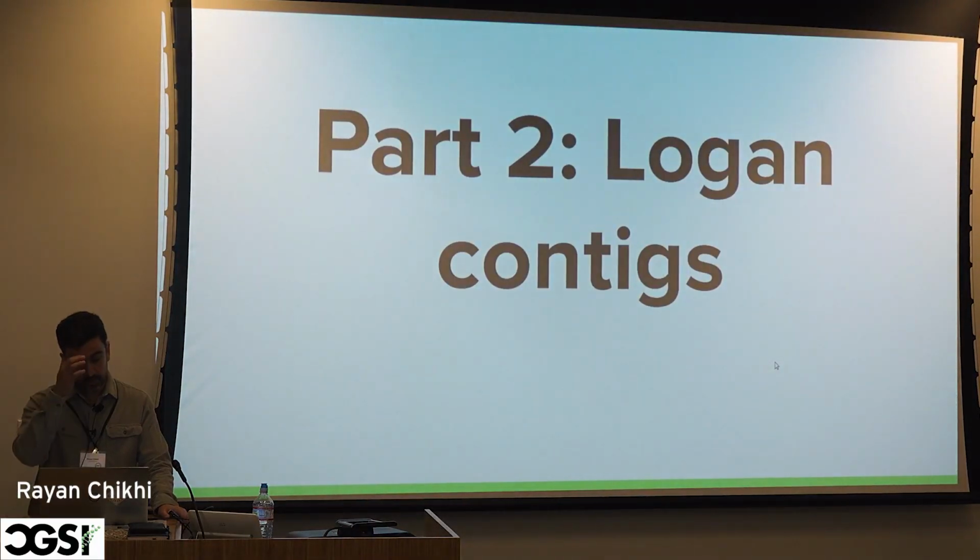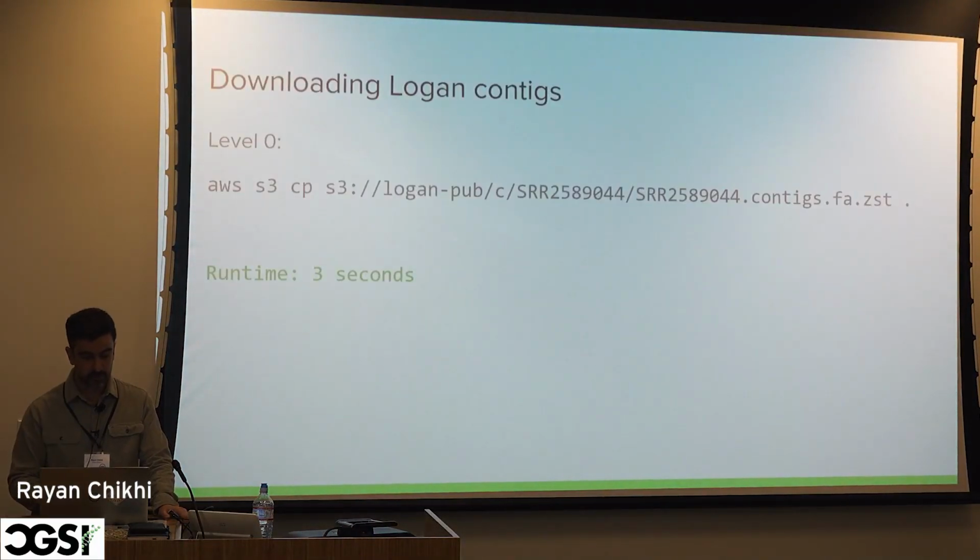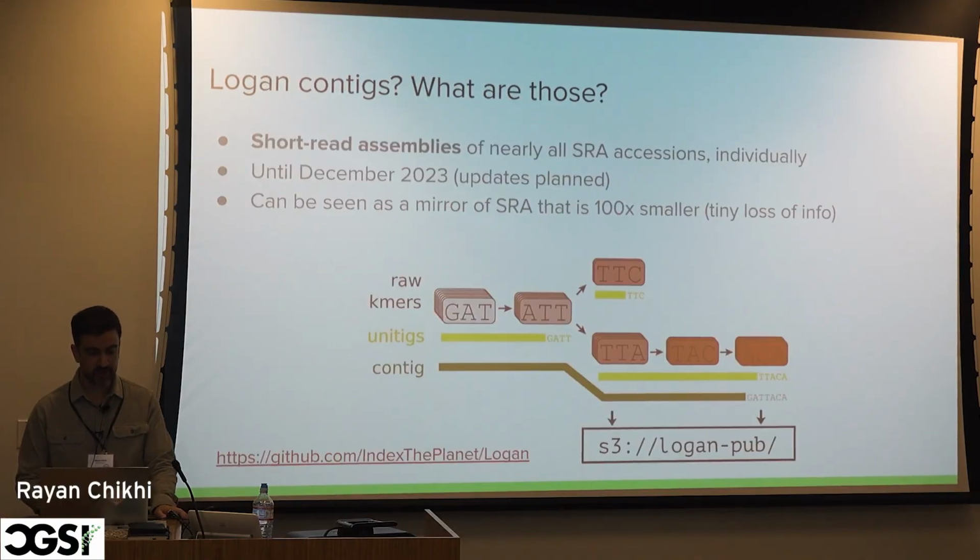Okay, moving on, Logan contigs. It turns out, instead of having to download SRA reads, you can just download the equivalent Logan contigs, and it's actually much faster. What are those? They are short read assemblies of almost all SRA accessions up until December 2023, with planned updates for 2024 and 2025, but they haven't happened yet.